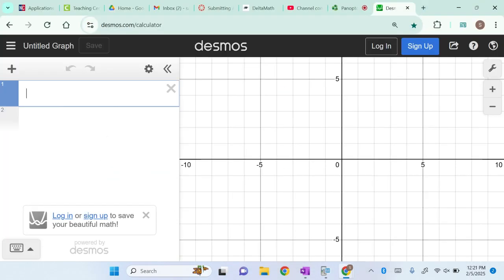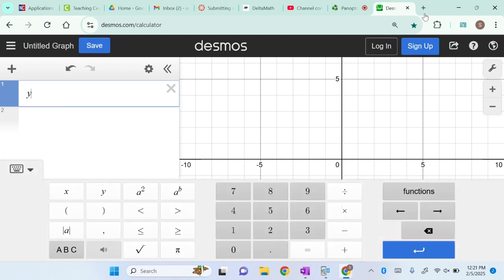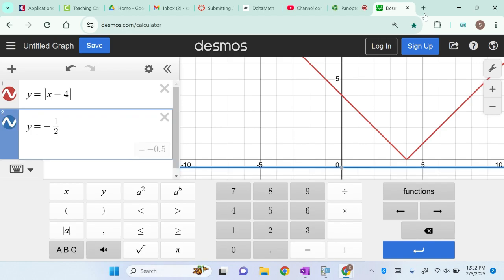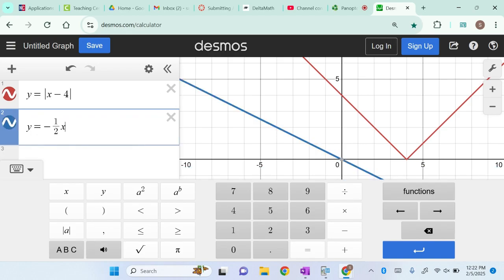So in Desmos, I have y equals the absolute value of, what is it, x minus 4? Right? And then y equals negative 1 half x, and then what's the other part? Plus 5.